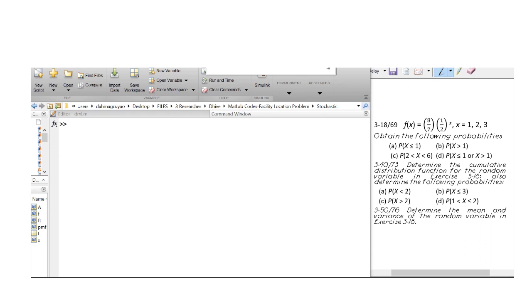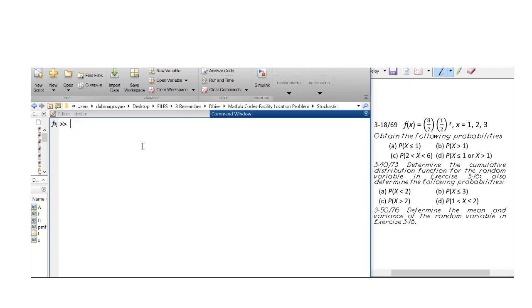So to solve this problem, we're going to use MATLAB. Though you can still solve this problem using manual computation in Microsoft Excel, but I'm just going to show you how this problem can be solved using MATLAB. I think you have your license here and you can work on this from your previous math subjects. So first, we define a symbolic variable. So we can define x, the random variable X, and then the probability mass function f of x.